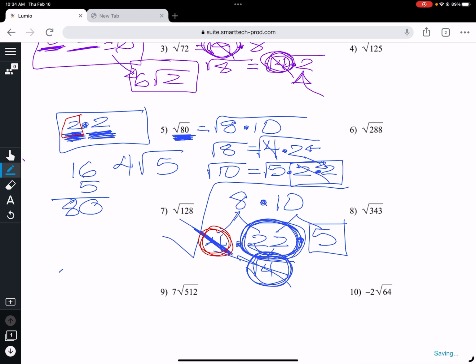Which means we're left with 2 times 2 times 5. 5 isn't going to go anywhere. But the 2 2's can be combined because they're all part of a factor tree. They're all factors. And when you combine them, they become a 4, which comes out as your other 2. Well, where does the other 2 go of the 4?